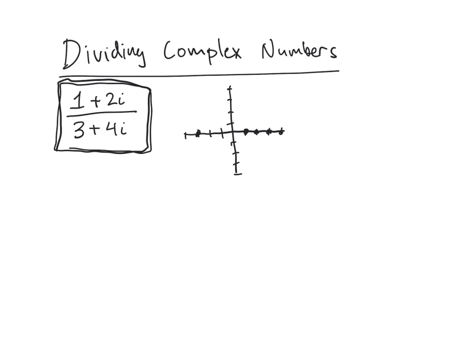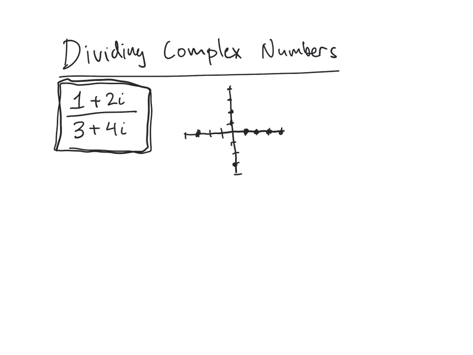But as soon as we've got an imaginary number, then we've got to represent it on this axis somehow. And if we get a complex number, then we've got to represent it as a point somewhere out here in space.